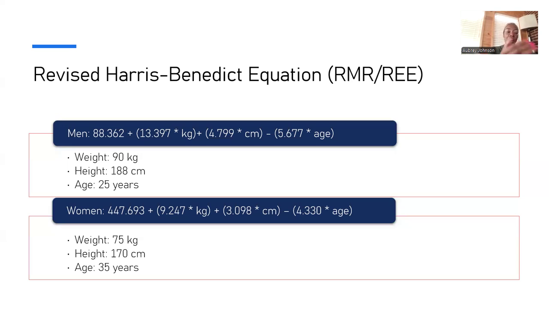And so I have these values here under each equation for men and women, just to encourage you to see if you can calculate your resting energy expenditure or resting metabolic rate on your own. And in another video, I will calculate by hand myself just to see if we get the same answer.